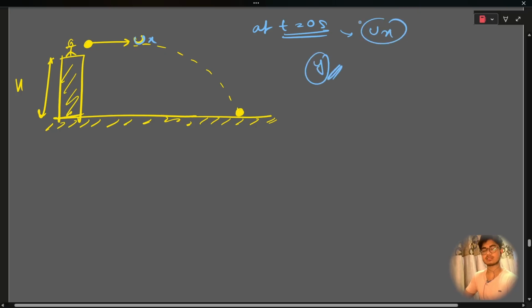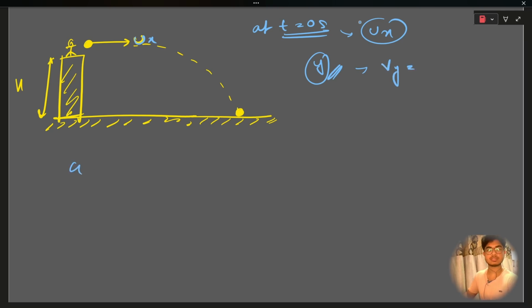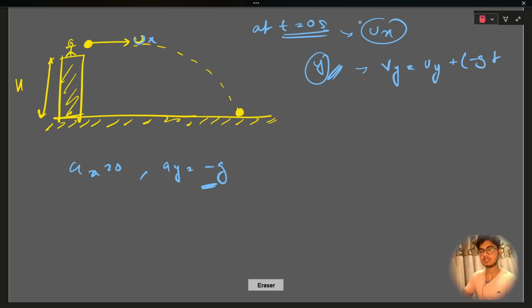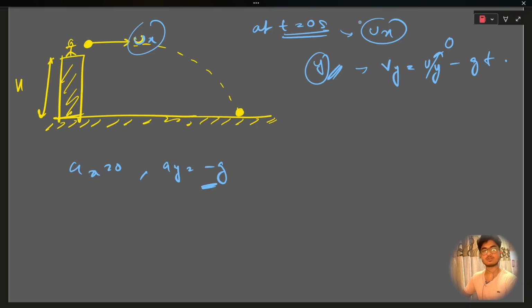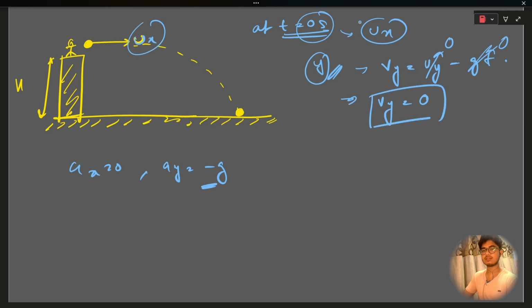If we consider the y-axis, here also the accelerations are the same: ax equal to 0, ay equal to minus g. So Uy plus minus gt, or minus gt, right? Initially, there's only horizontal velocity present, so the initial vertical velocity will be 0, and t is also 0.